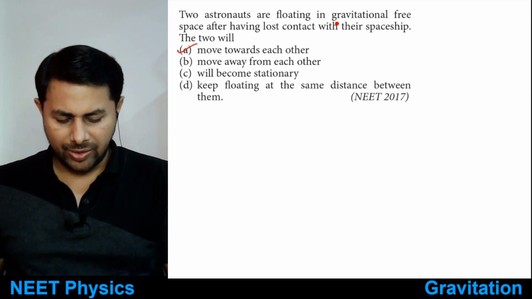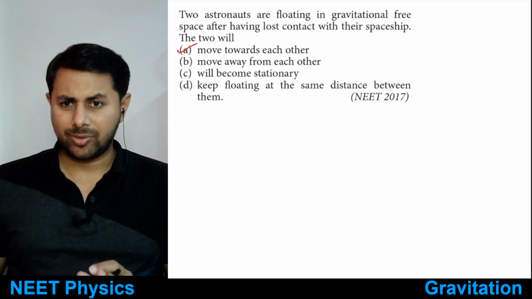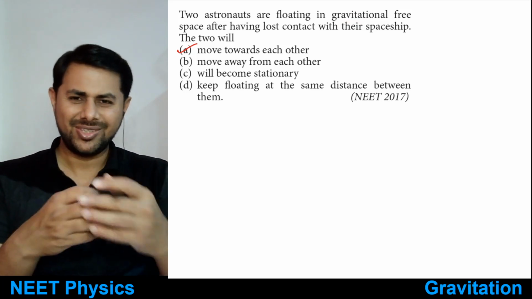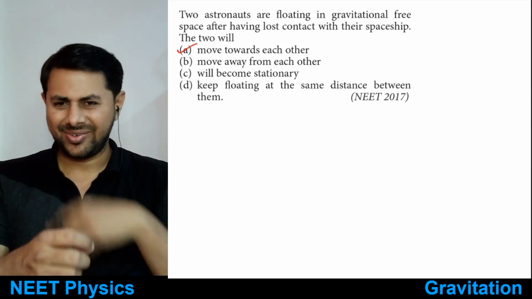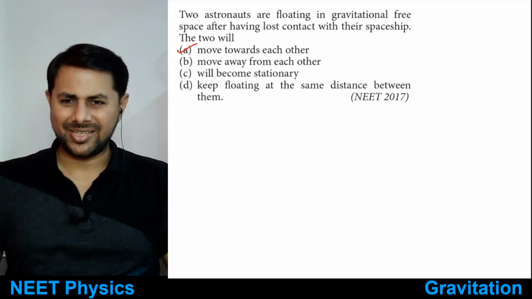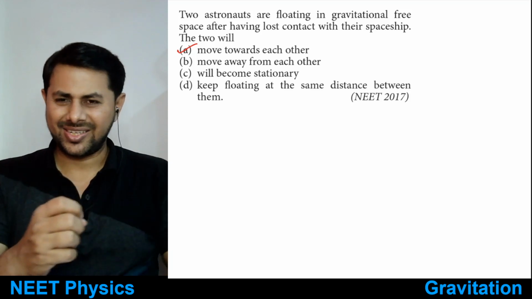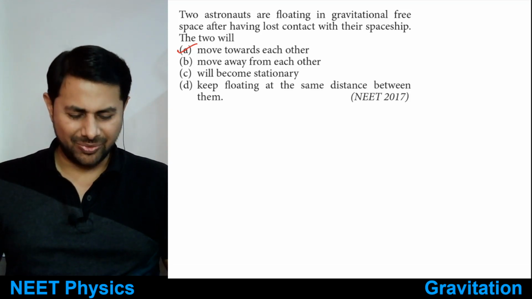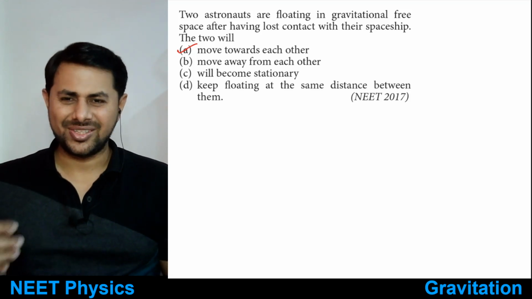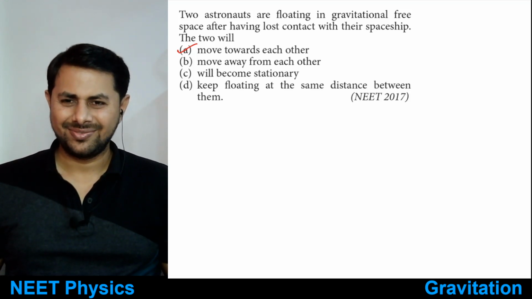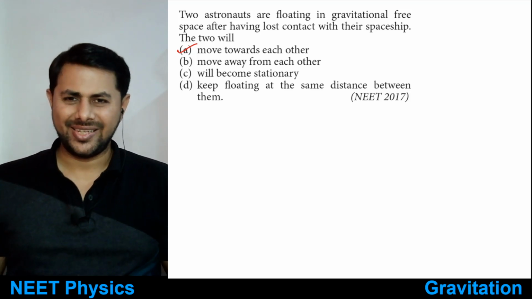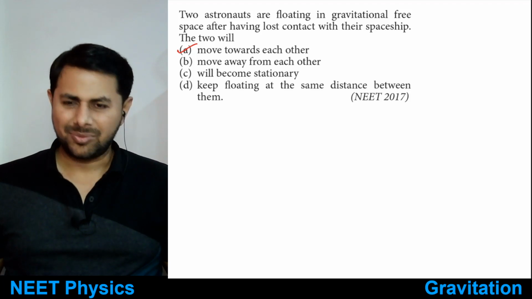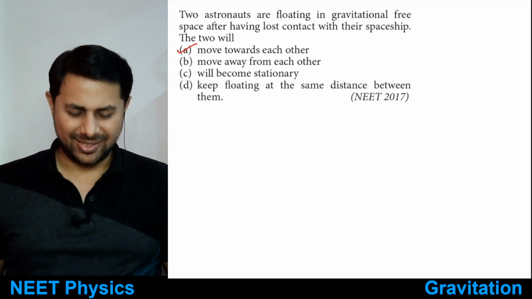So they are very far away from other astronomical bodies, and it can be achieved in another way also. Suppose they are surrounded by stars and planets from all sides, such that the gravitational pull on them due to all other stars and planets, everything else in the universe, is zero, it is balanced. So think of the first case, they are very far away from other astronomical bodies, that means stars and planets.